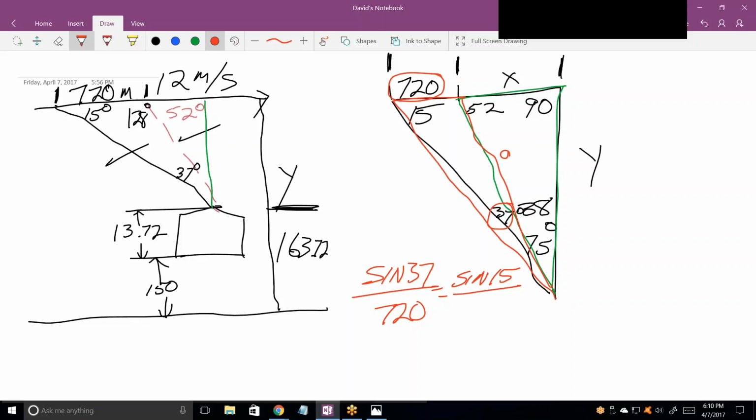Okay, so we're going to call that A. Let's go ahead and solve for it just to make everything easier. A equals sine of 15 times 720 divided by the sine of 37.